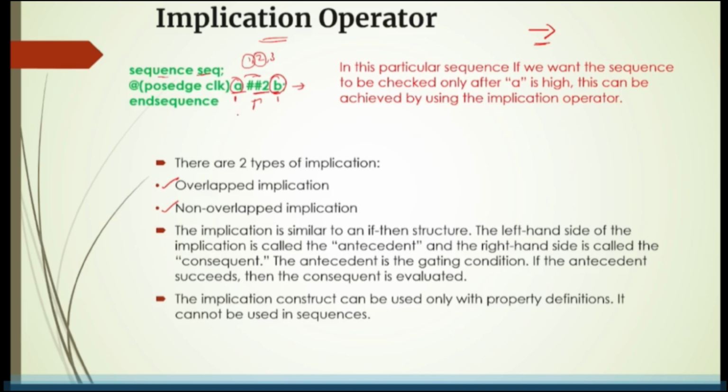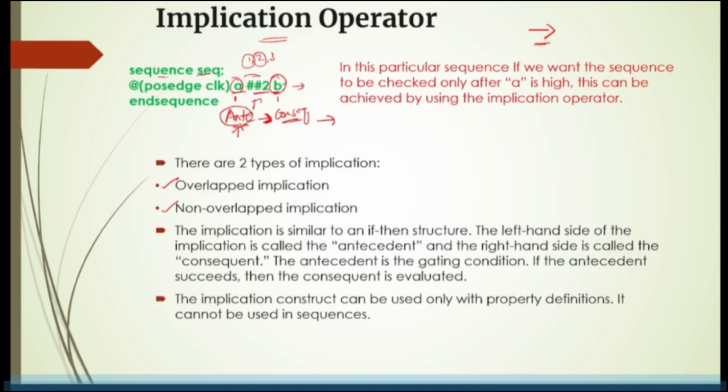The left hand side signal is called the antecedent and the right hand side signal is called the consequent. The left hand side signal will be executed first, and only after that will the right hand side signal be executed. So after this happens, then this happens. That is the meaning of this arrow signal.